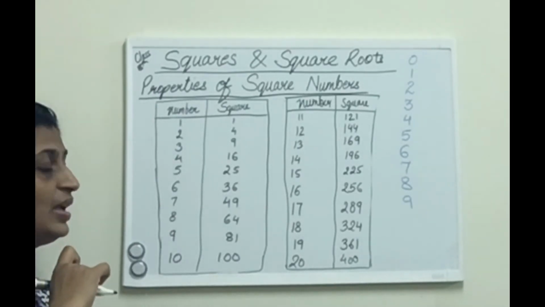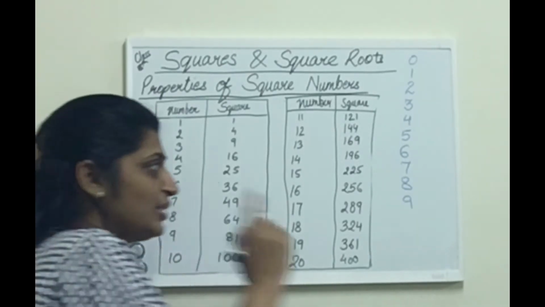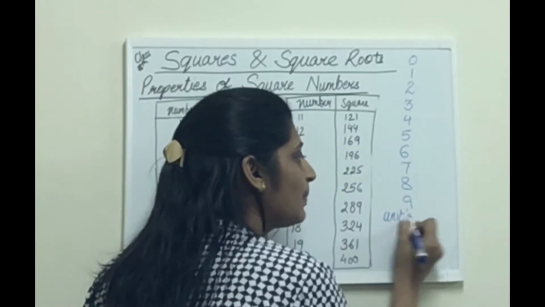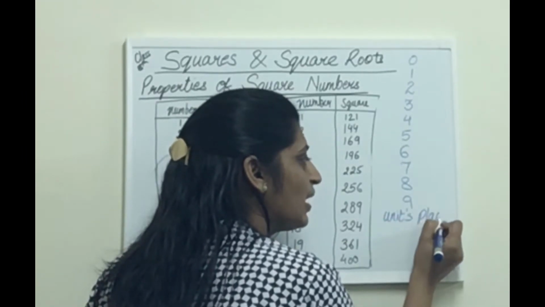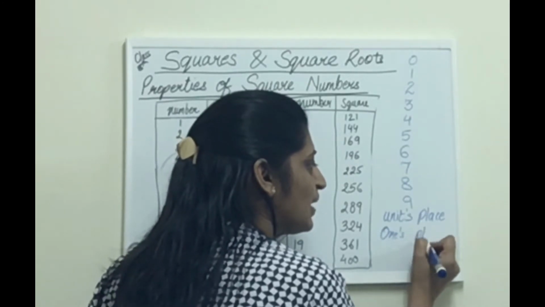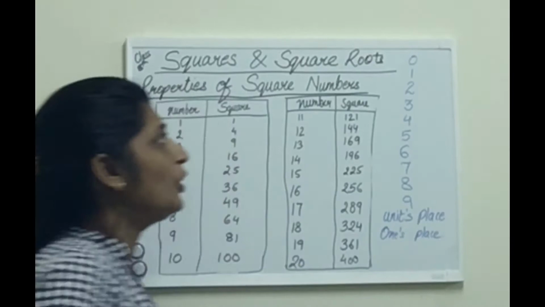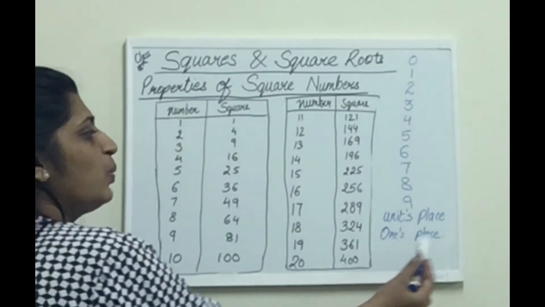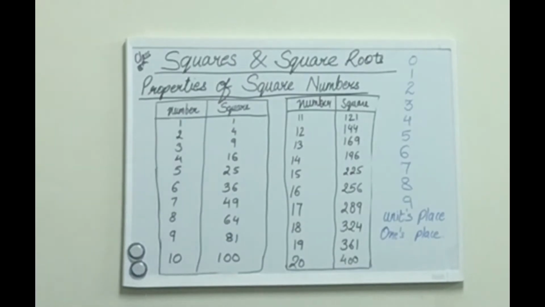Sorry, one thing to interrupt. Look at them at the units place or ones place. Look for these numbers at the units place, the ones digit.